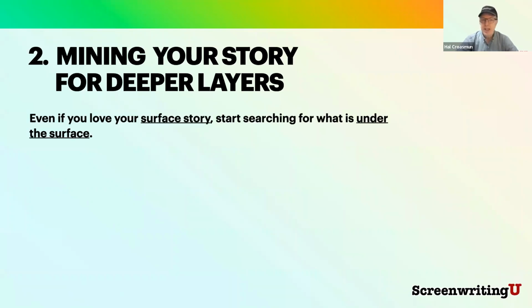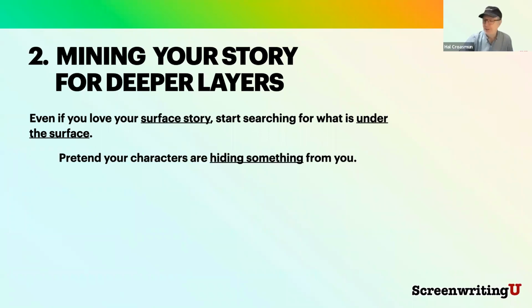So even if you love your surface story, I want you to start searching for what's under the surface. And if you have a two-layer story, and most of the ones that win contests have 2 layers, the ones that get made into movies have 4 layers or more. So if you have a 2-layer story, then start searching for what's beneath that. So pretend, and this is one of the easiest ways, pretend that your characters are hiding something from you.